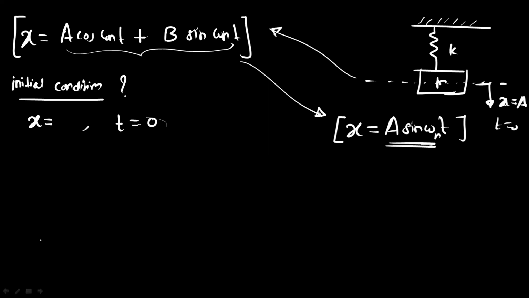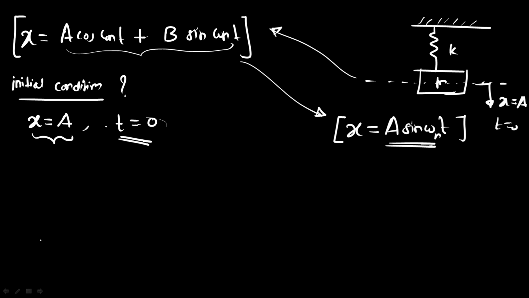For such a condition, when t is 0, initially the mass is at the position A. This may be plus or minus. If it is in the downward direction, it will be negative, or you can take downward as positive, it doesn't matter.